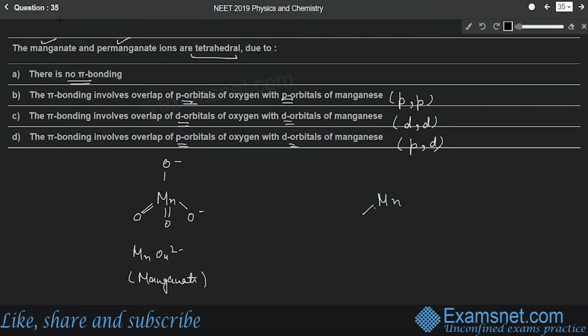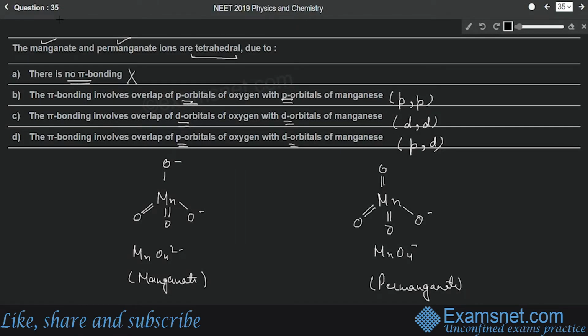So manganese, double bond oxygen, double bond oxygen, double bond oxygen and one singly bonded oxygen. This is MnO4 minus, that means permanganate ion. Now here we can see that both contain pi bonds. So first option cannot be correct.